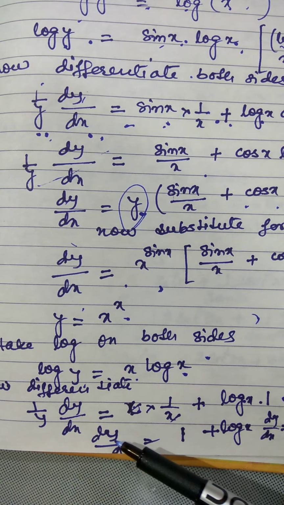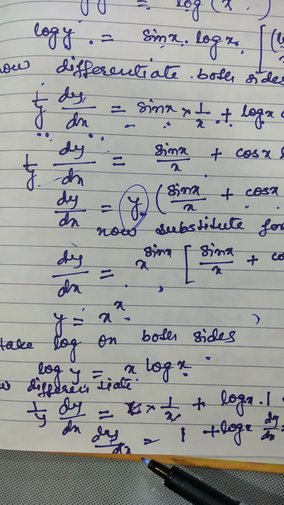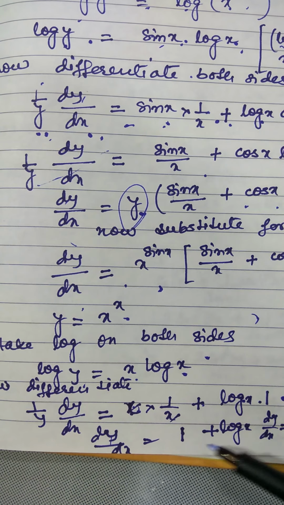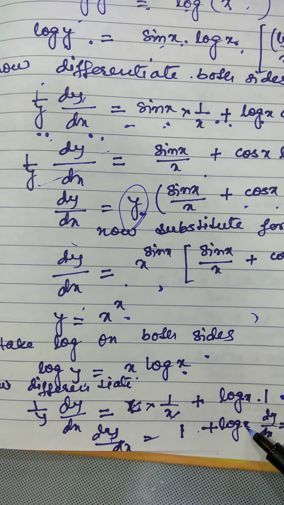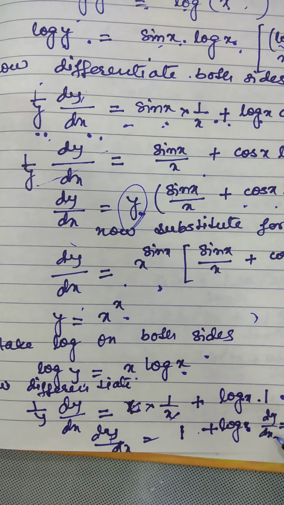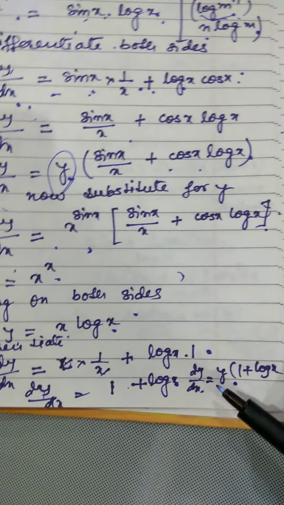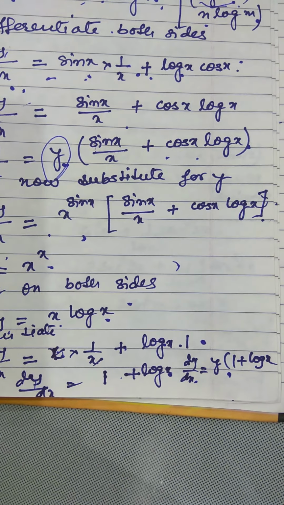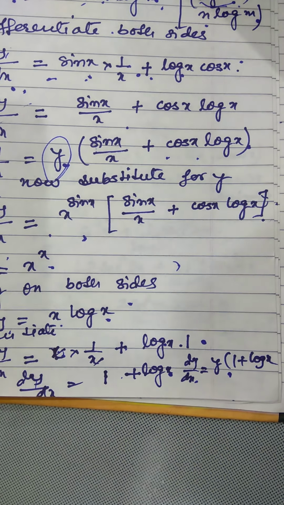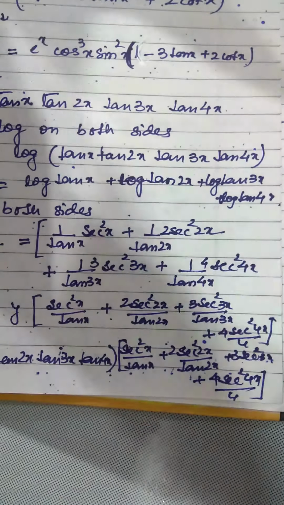This is cancelled. So 1 upon y dy by dx equals 1 plus log x. So dy by dx, cross multiply y to this side. dy by dx is y into (1 plus log x). Same thing we are going to apply for all the questions.